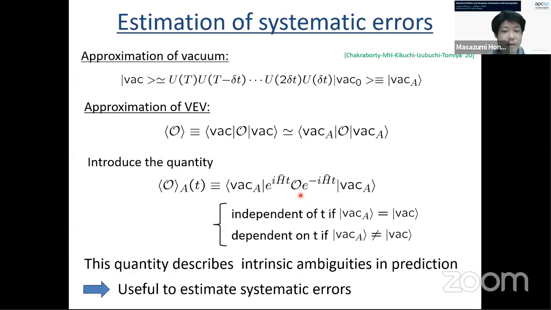If vacuum A is sufficiently close to the vacuum, then this quantity should be almost independent of t because the vacuum is an eigenstate of this operator. But practically, vacuum A is not exactly the vacuum, so we have a dependence on t. So this quantity seems to describe the intrinsic ambiguity of our prediction from approximating the vacuum. So this quantity looks useful to estimate the systematic error.